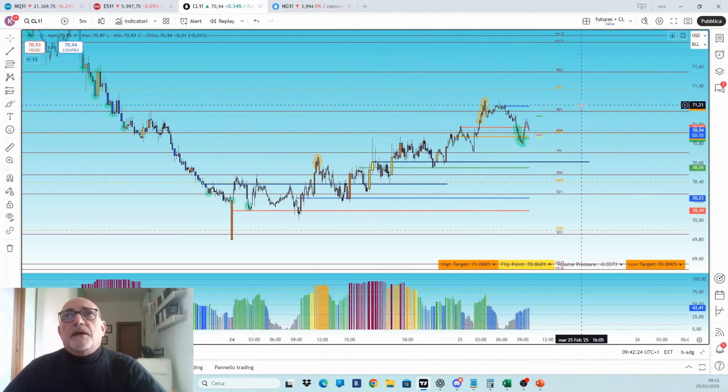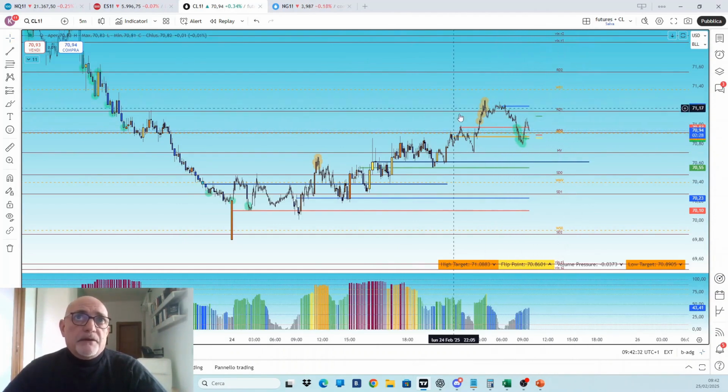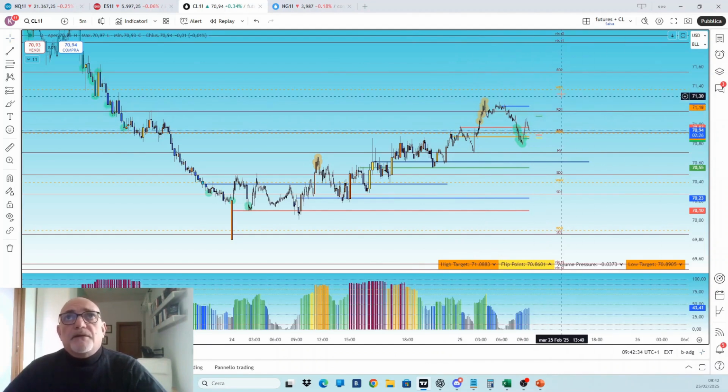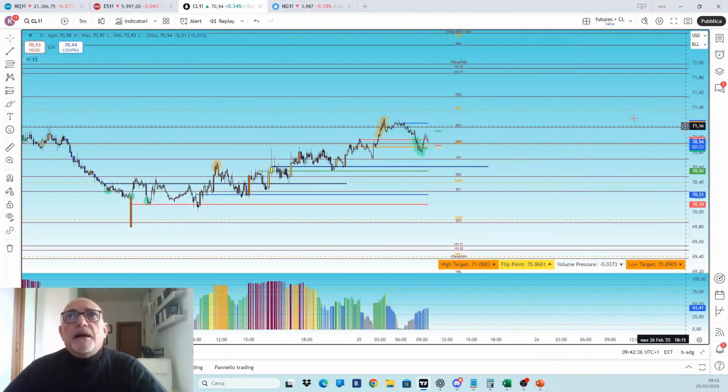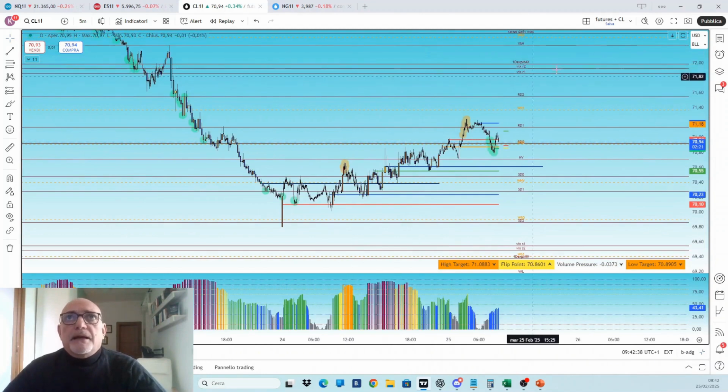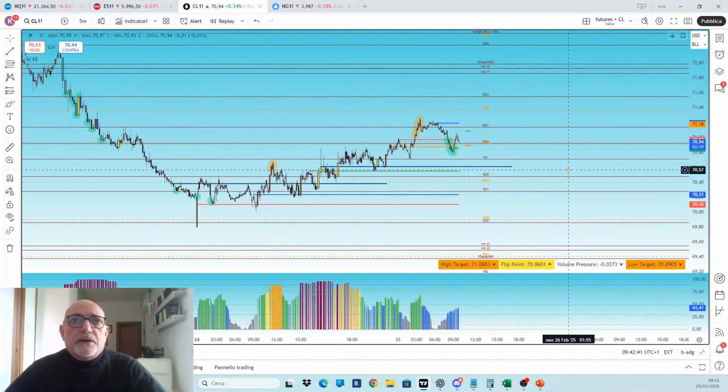I would definitely consider keeping an eye on what corresponds to this BC3 and ARD1 level. So the breakout of this area could definitely lead to a recovery in the area, even up to 72 easily, which are then the upward X levels.